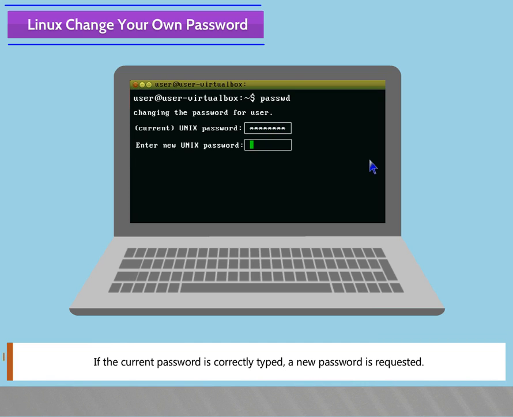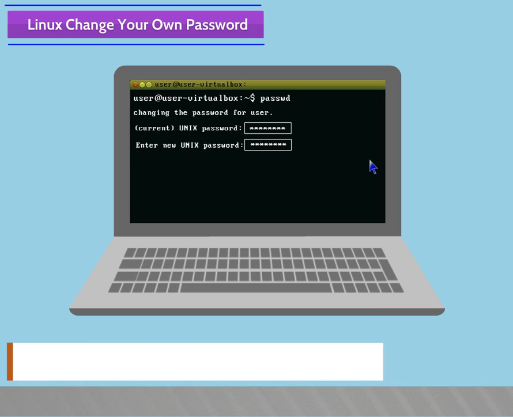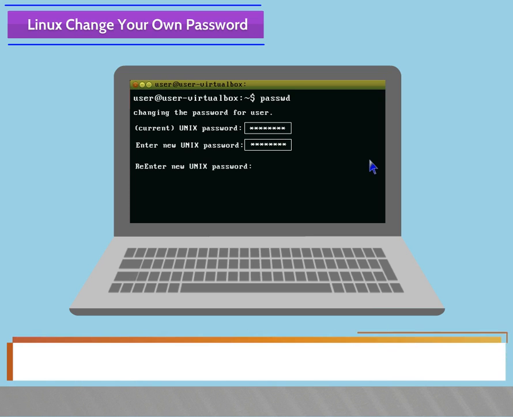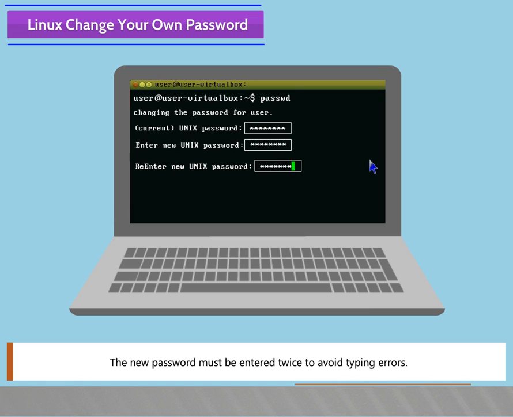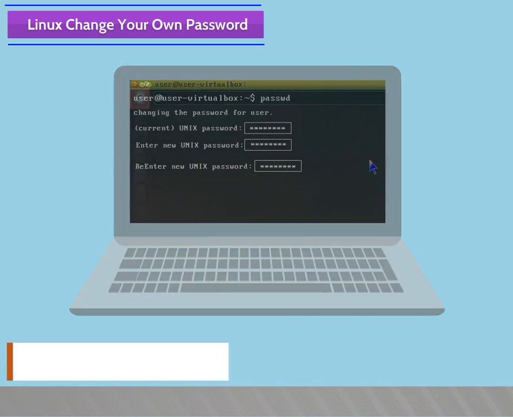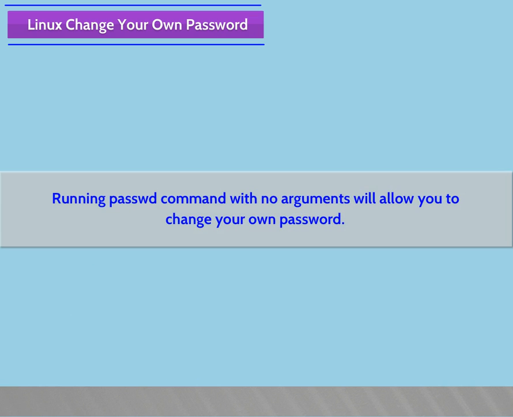If the current password is correctly typed, a new password is requested. The new password must be entered twice to avoid typing errors. Running the passwd command with no arguments will allow you to change your own password.